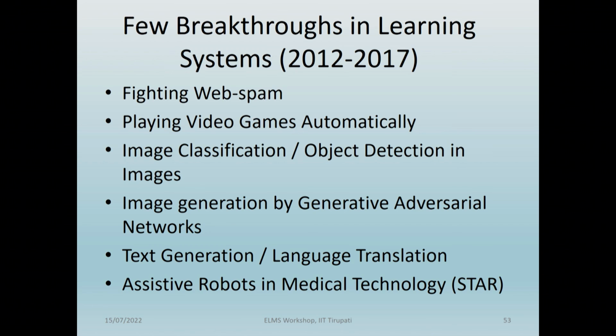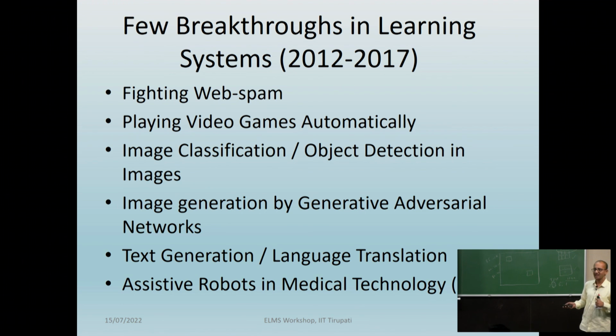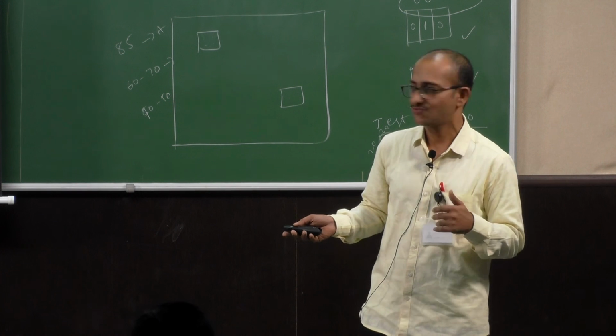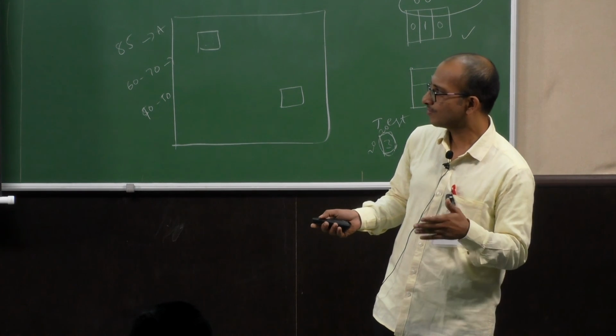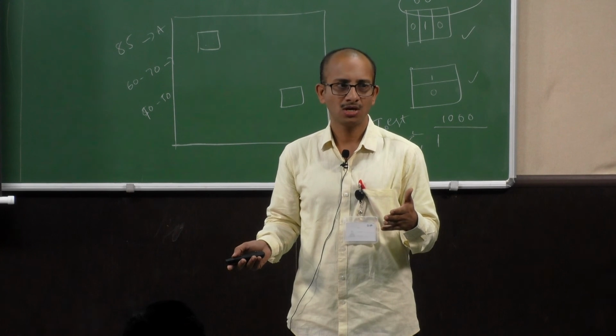We will see the methods that have given rise to them, and here are some examples: fighting spam mails, playing games automatically, image classification and detection, and generating images. Through programs we can generate images of different objects, faces and so on, and also robotic navigation. Anyway, we will discuss them later in the subsequent talks.